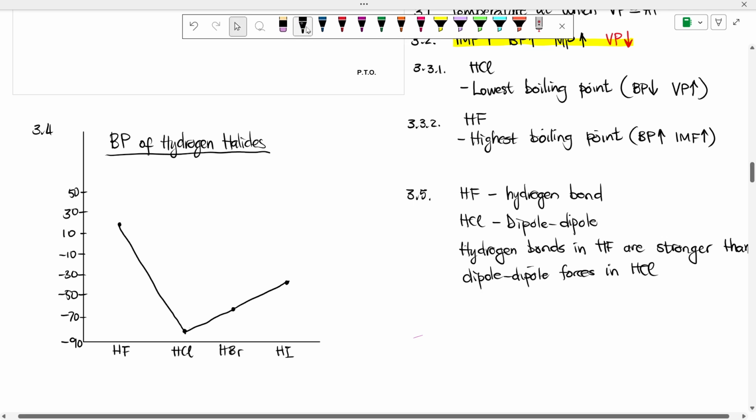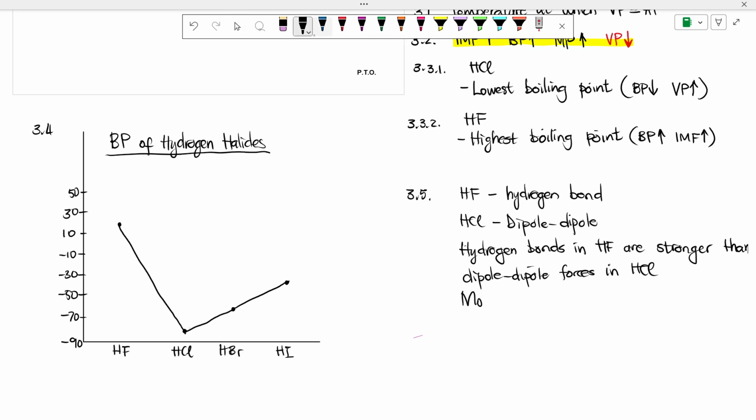So you're going to say more energy is needed to break the hydrogen bonds in HF. Then you can add on, say that's why it has a high boiling point.